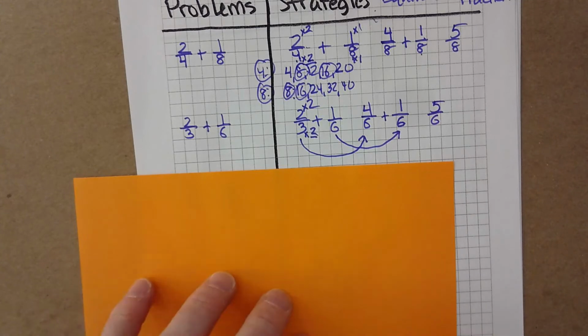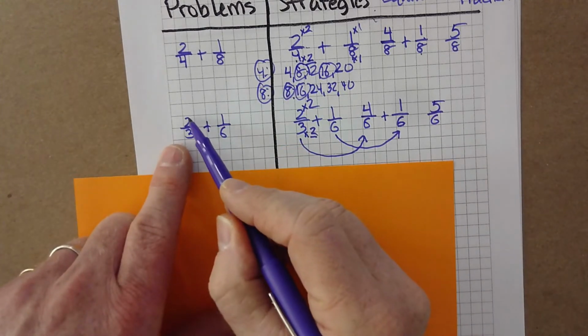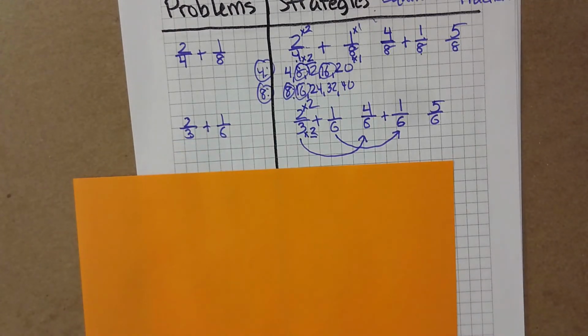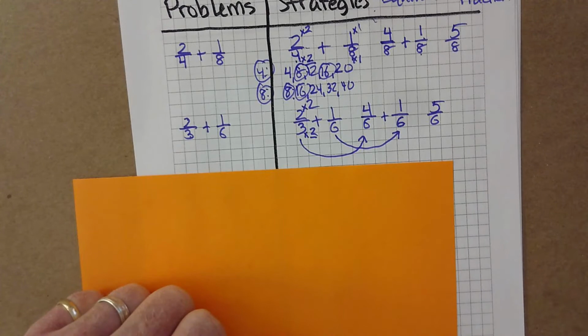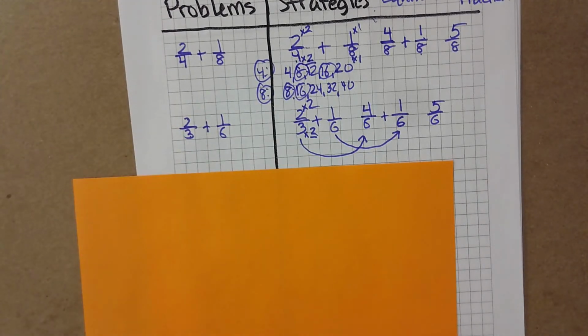Now if you think about it for just a minute, earlier we said if you skip count by 2s and 3s, you'll get what? What did I teach you a minute ago? If you count by the numerator and count by the denominator, what will you get? But what kind of different fraction?